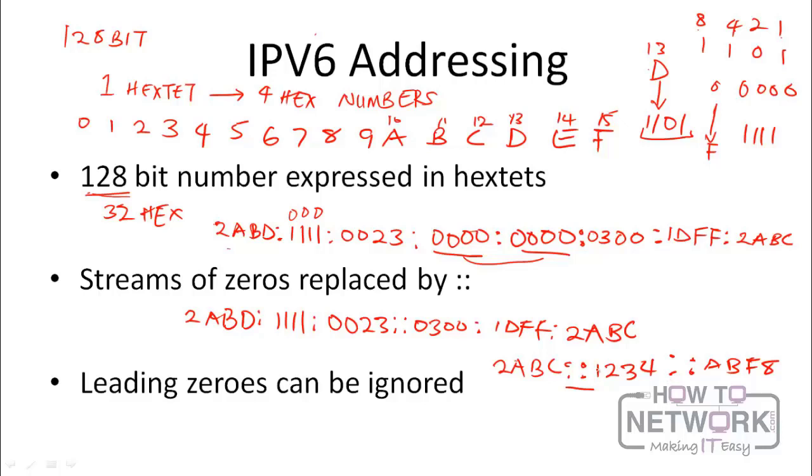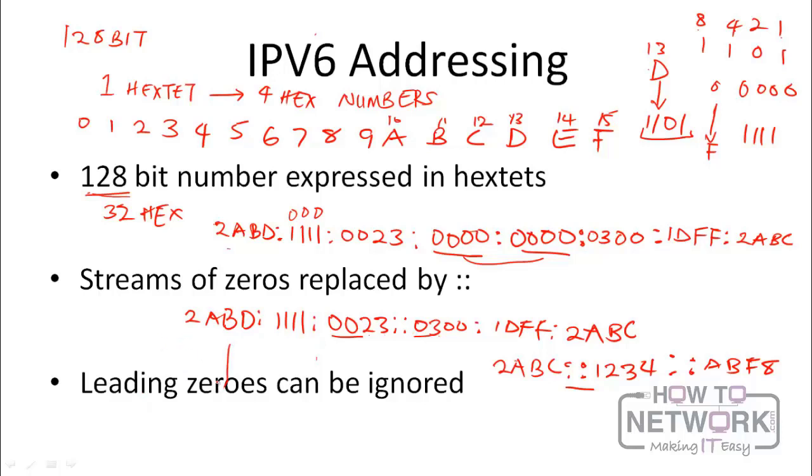Another way to reduce it is to remove all the leading zeros. So when you have something like 0023, you can just make it 23, or 0300, you can make it 300. But of course, you cannot remove the trailing zeros, so you can't say 300 would be 3. That wouldn't be right. But you can remove all the leading zeros.